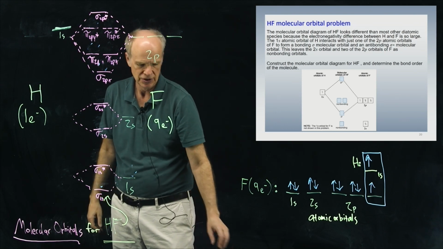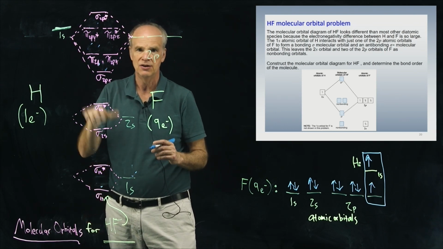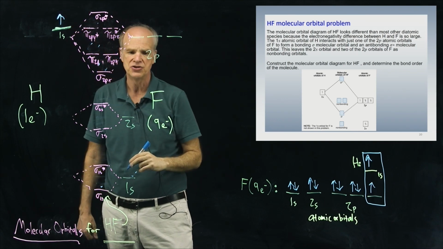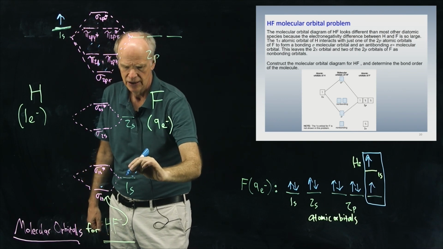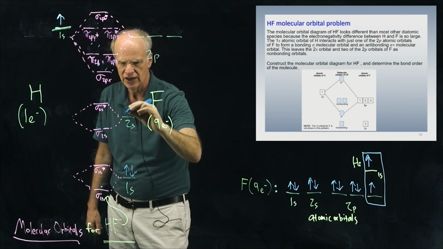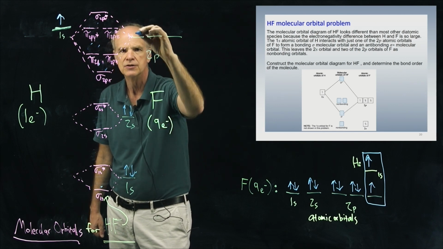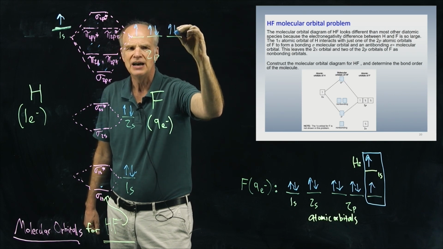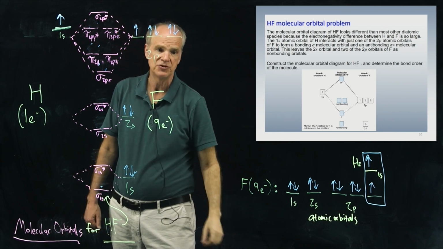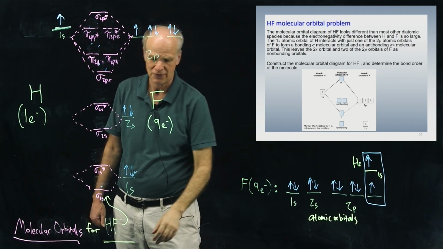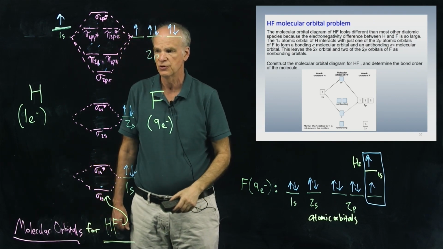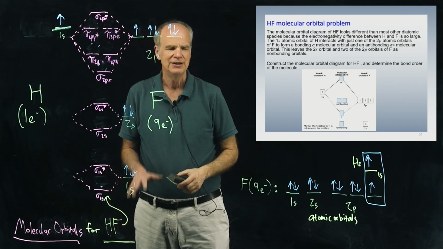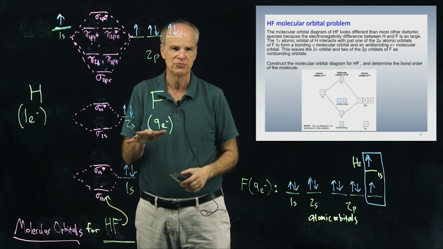So the next thing we're going to do is put electrons into these orbitals. Hydrogen gets 1 electron, and fluorine gets its 9 electrons like this. So nothing unusual here. Now we have to predict the molecular orbitals that form between hydrogen and fluorine. This is going to be a little bit different, and here's where the picture is really different.